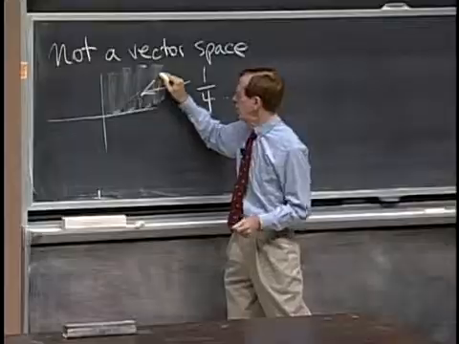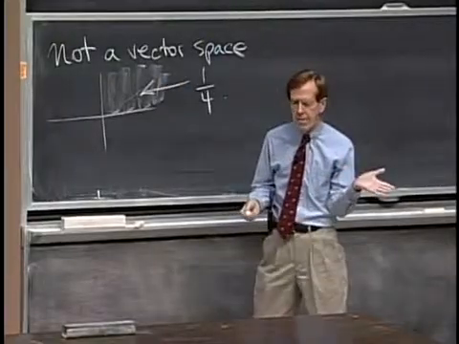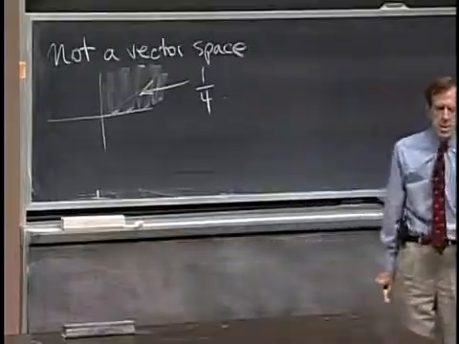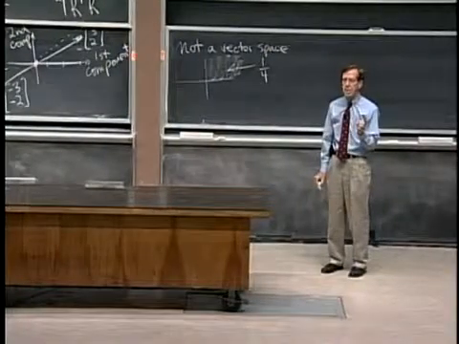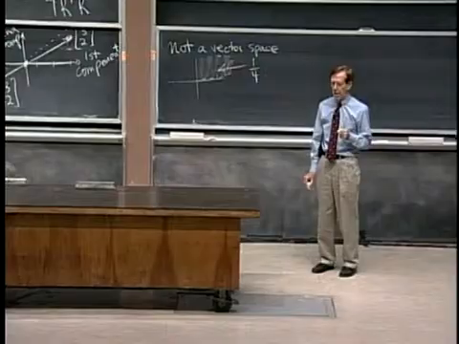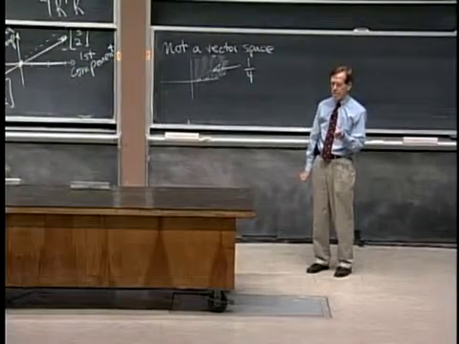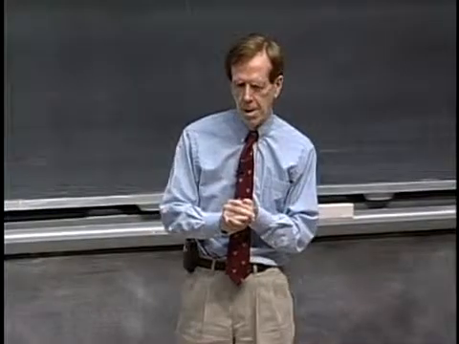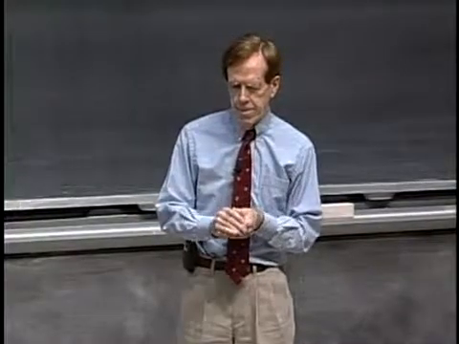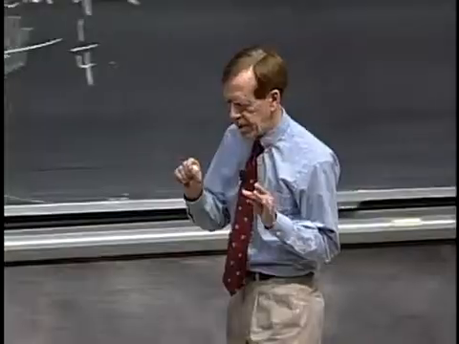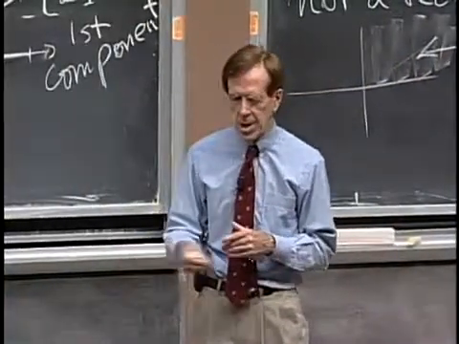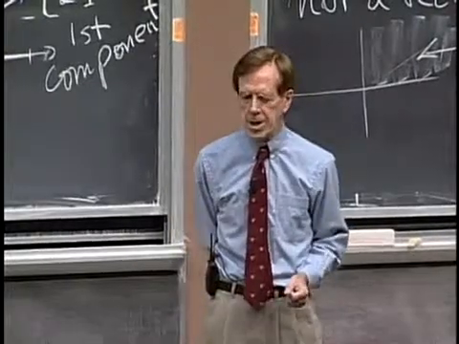If I took 3, 2 and multiplied by -5, I'm way down here. So that's not a vector space because it's not closed, is the right word. It's not closed under multiplication by all real numbers.